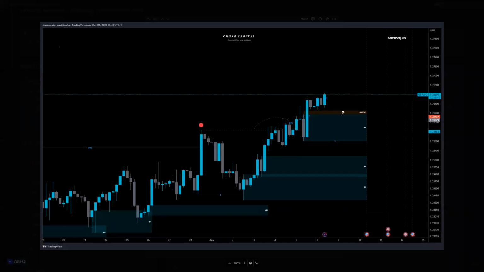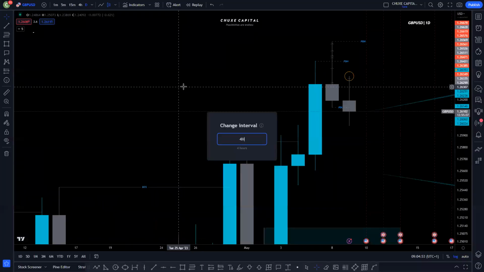There was a 4-hour fair value gap here, so that was going to serve as some kind of inducement to induce price to come downwards. There was this other block, and there was this 4-hour liquidity or inducement here, which I was anticipating that price would be drawn towards, okay? And that's precisely what happened.